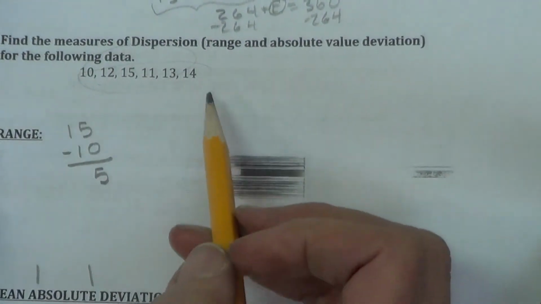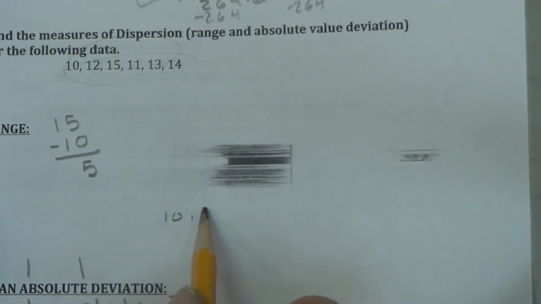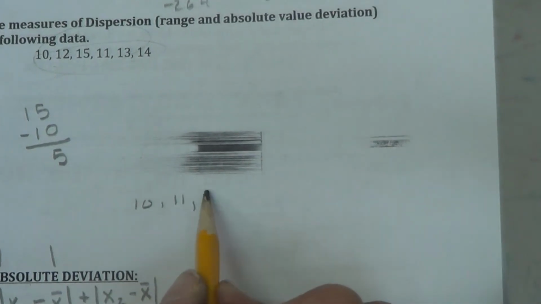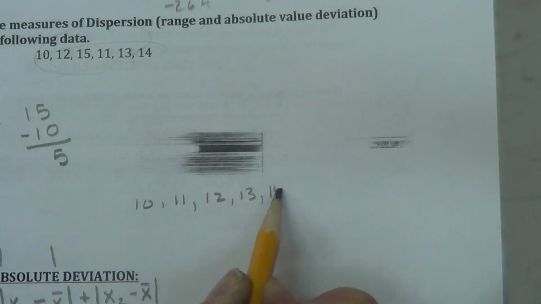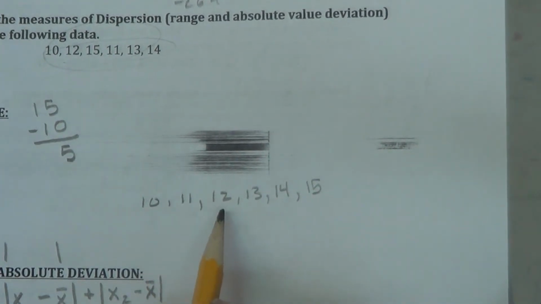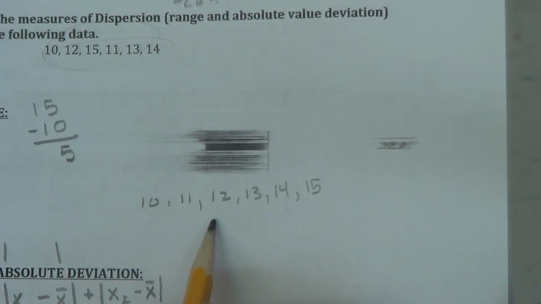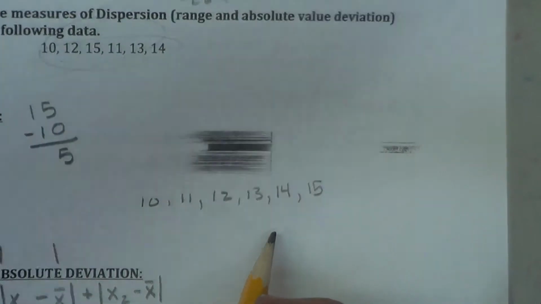First, let's put them in order: 10, 11, 12, 13, 14, and 15. If we add all of these up, 10 plus 11 plus 12 plus 13 plus 14 plus 15 equals 75.